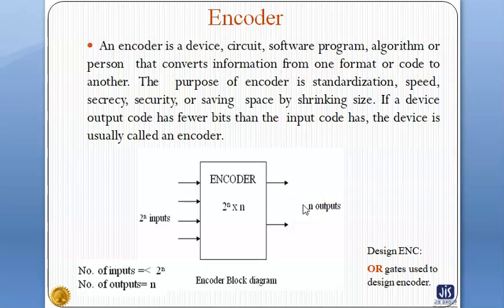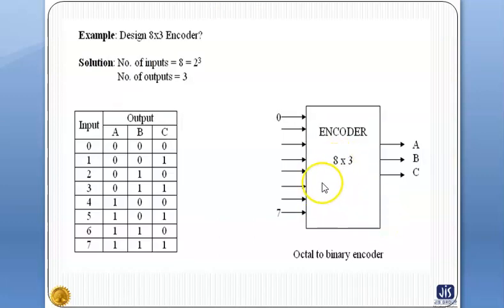Generally, for simple encoders, it is assumed only one input line is active at a time. As an example, consider the octal to binary encoder. An octal to binary encoder takes 8 input lines and generates 3 output lines.